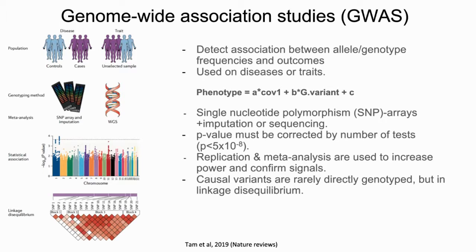And also, you need to have in mind that the SNP, the variant that you find significant, is rarely the actual causal variant, but it's rather segregating together with the actual causal variant. So you need other methods to actually detect the causal variants. And well, those methods are not going to be part of this presentation, but it's good that you have that in mind.